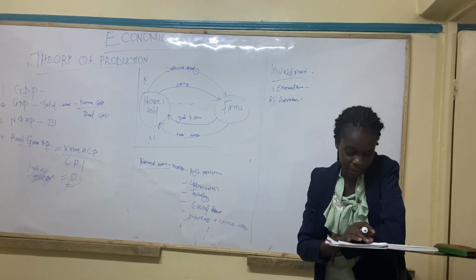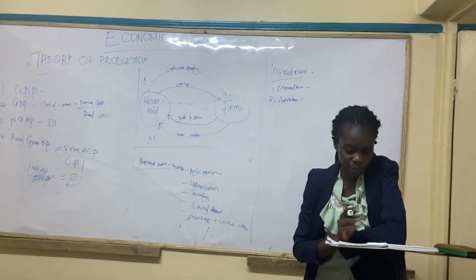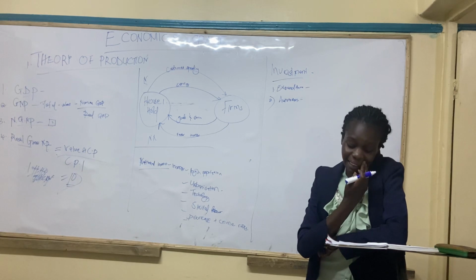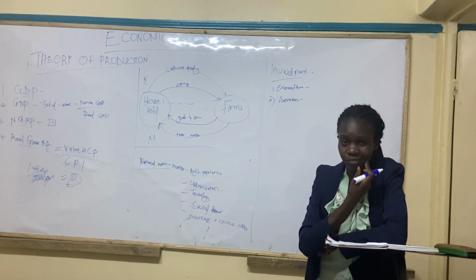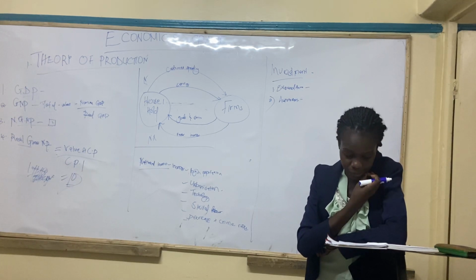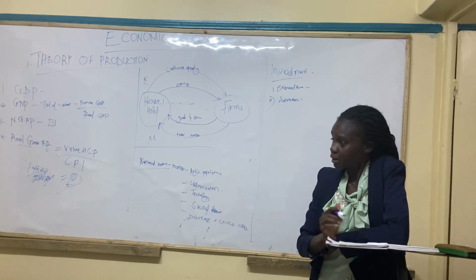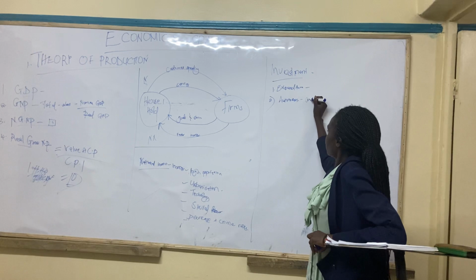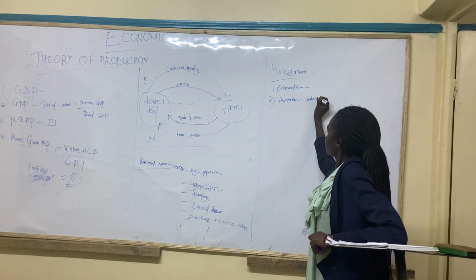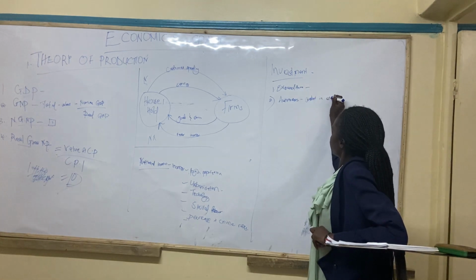So autonomous, this is whereby an expenditure is taken as a constant variable by economics. So this one is constant in economy.